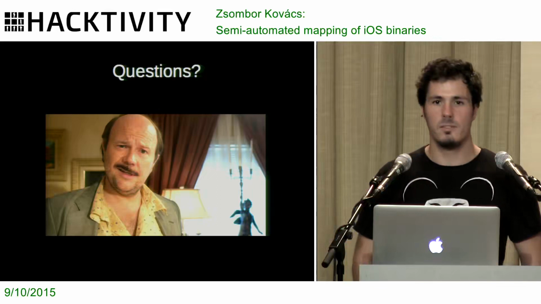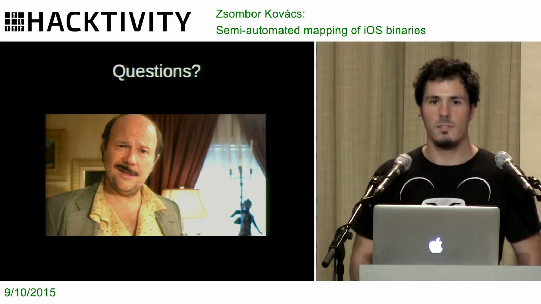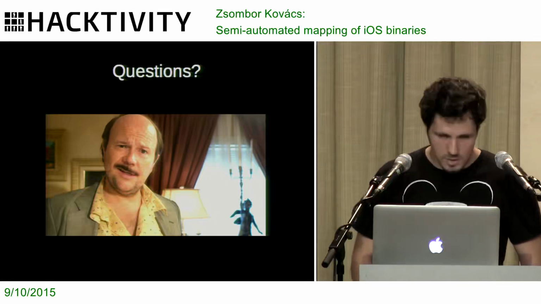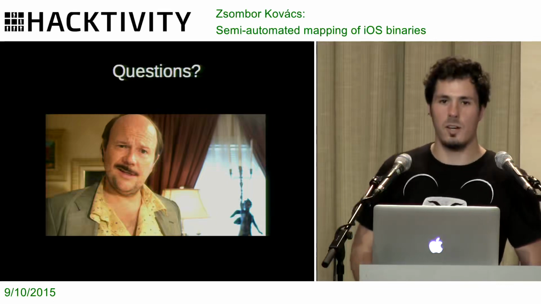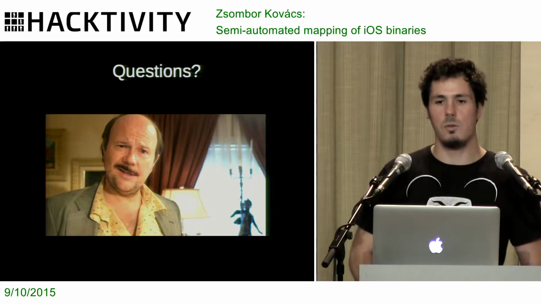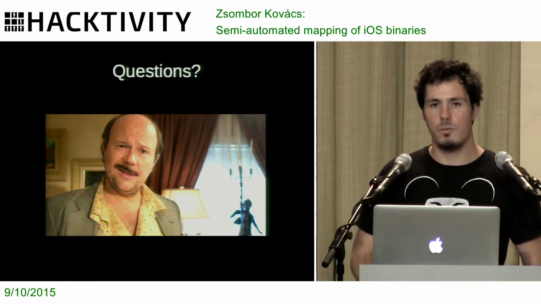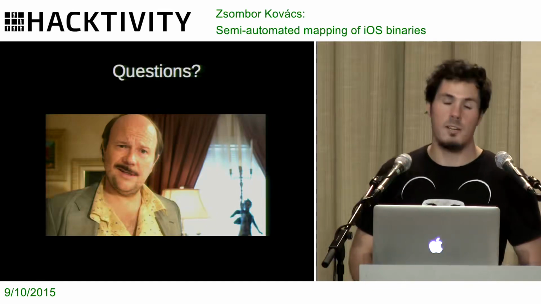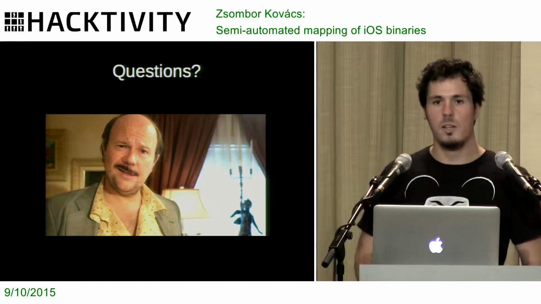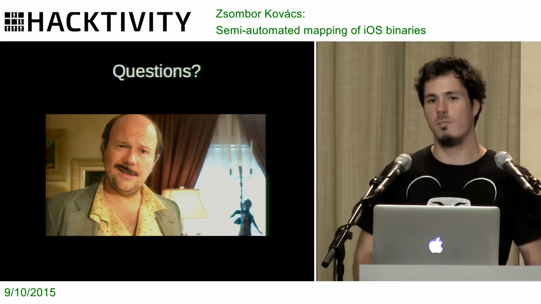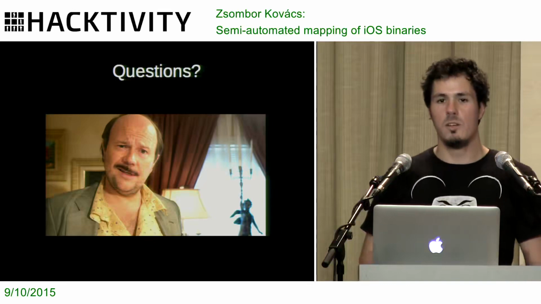Yes, you have to use Clutch before anything happens, because if you try to load the FairPlay binary into IDA Pro, then it will explode because it will not be able to figure out what's within the binary.